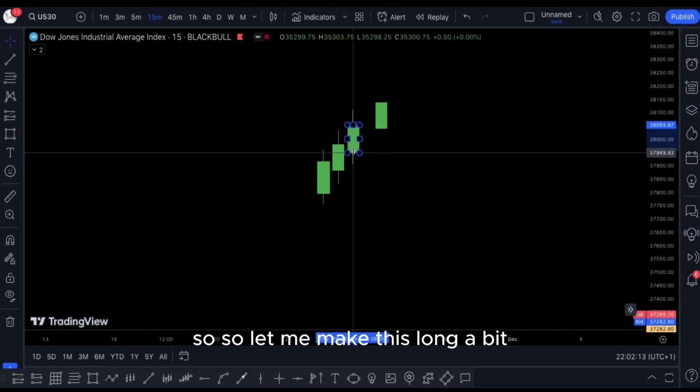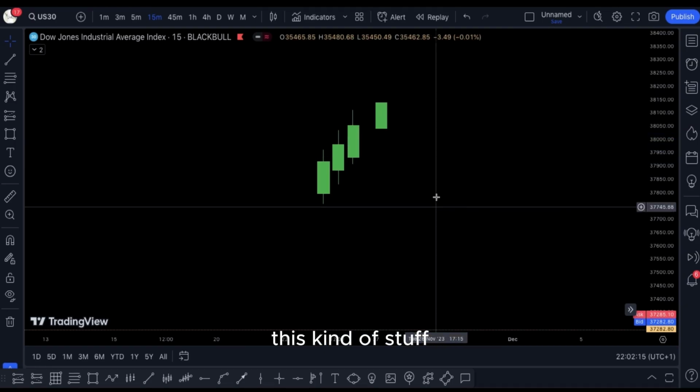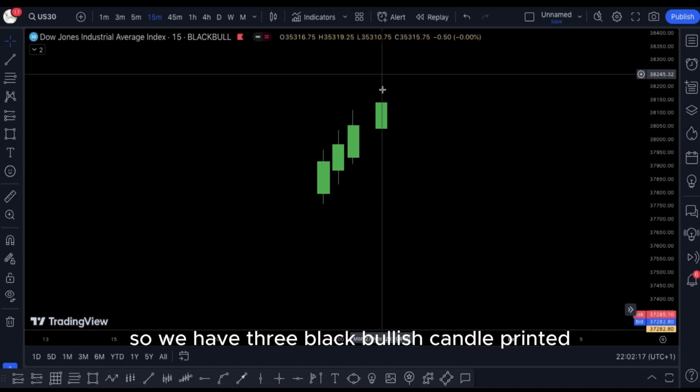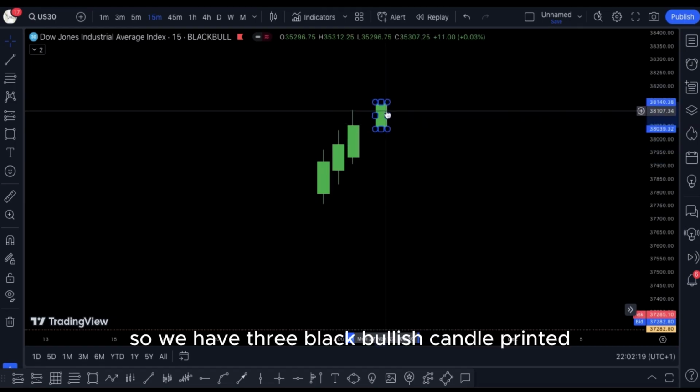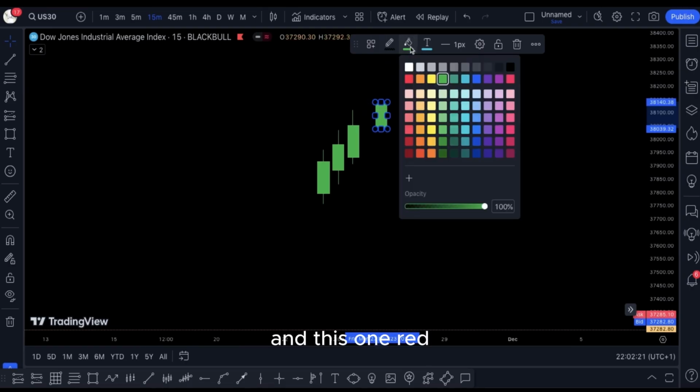So let me make this long a bit. Understand? So we have three bullish candles printed and then this one red.